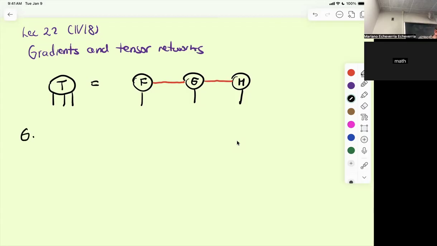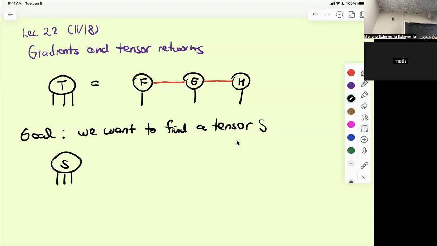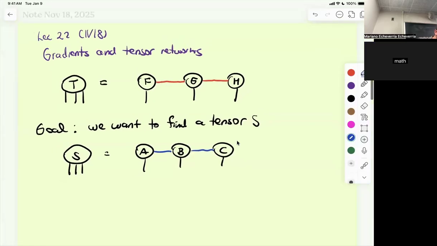So the goal is that we want to find a tensor S, which is close to T, but now with these legs being smaller, right?